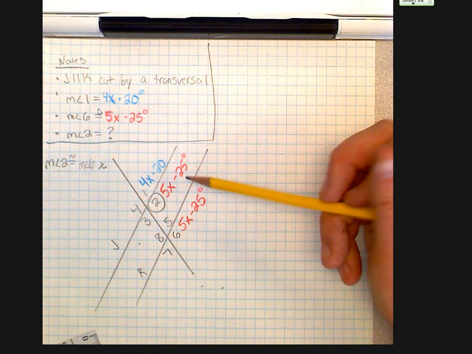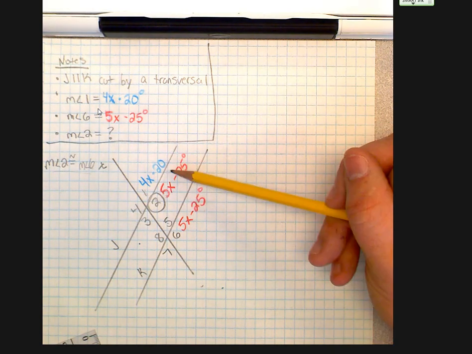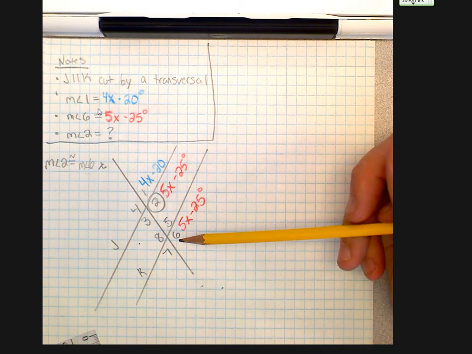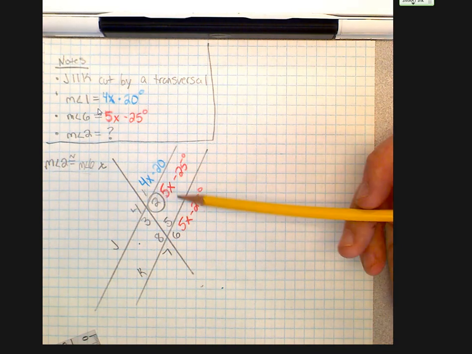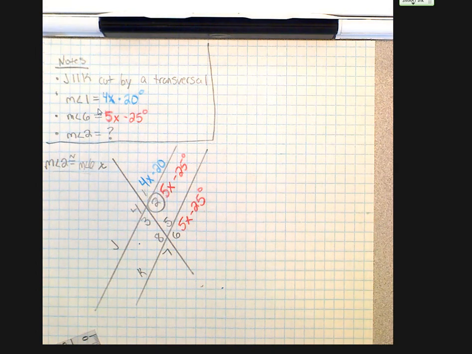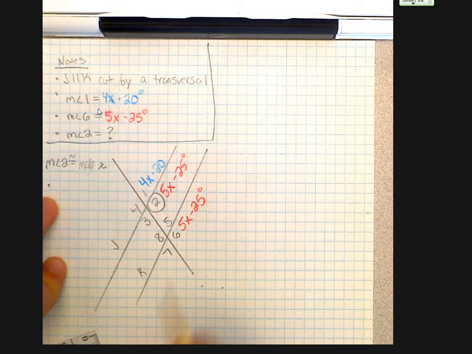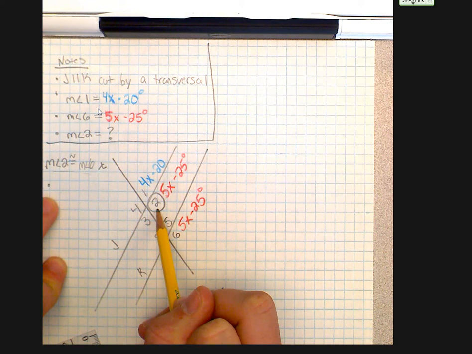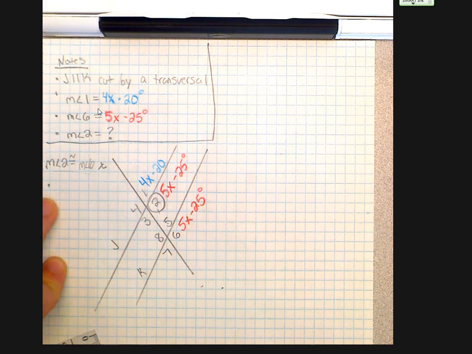Now, if I go back to my supplementary, I know that if I was to add up these two things, what's the relationship? Oh, they add up to 180. Okay, so my formula here to help me solve this problem is the measure of angle 1 plus the measure of angle 2 adds up to 180 degrees.